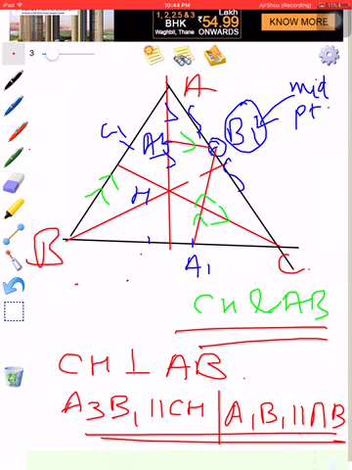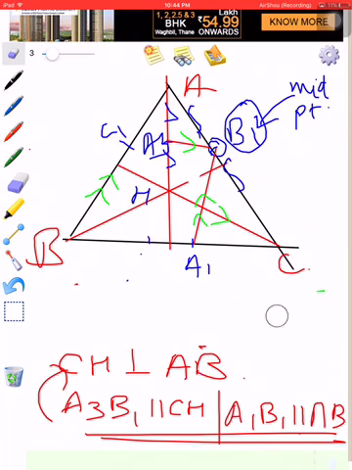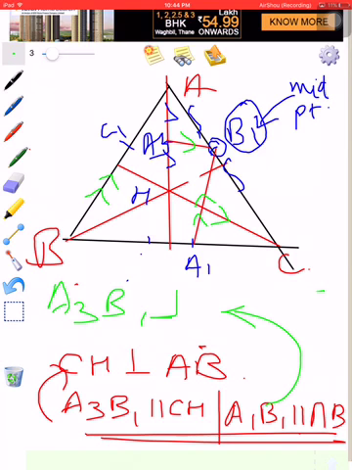So as a result of both of these, the crux is that A3B1 is perpendicular to A1B1. Please understand why we are proving 90 degrees: if we prove two angles to be 90 degrees, we're done proving that it's a cyclic quadrilateral.